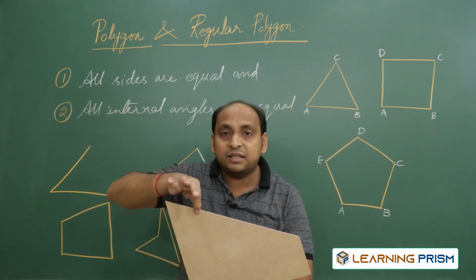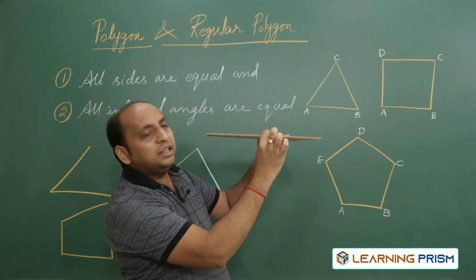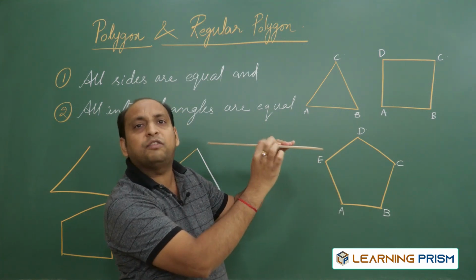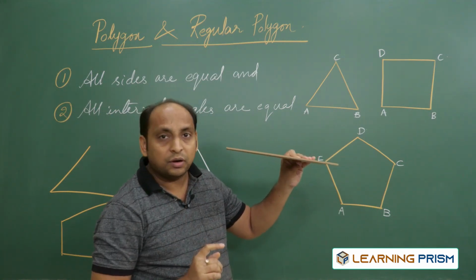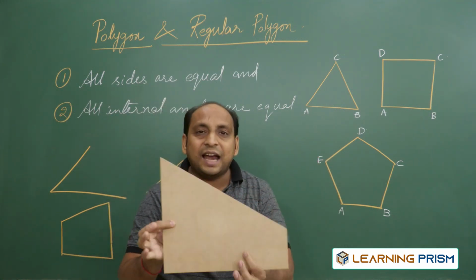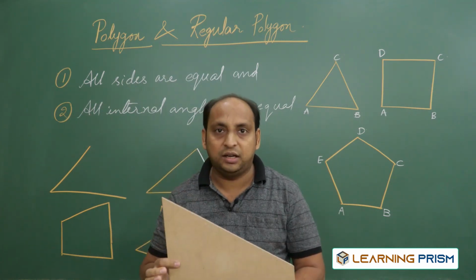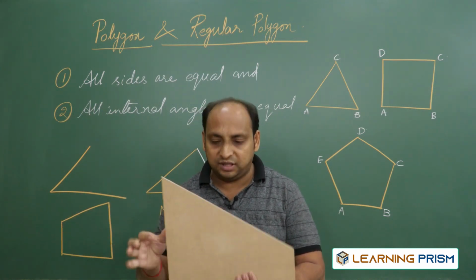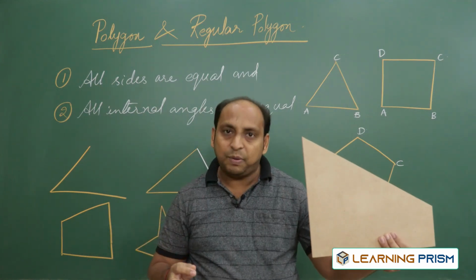But this third dimension is only 3 or 4 or 5 mm, not even 1 centimeter. So this kind of object is called a two-dimensional object, or in general terms, a plane figure.